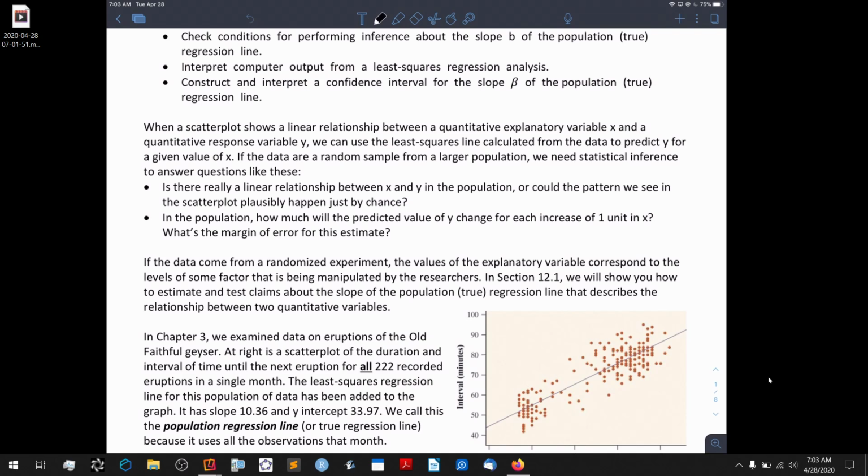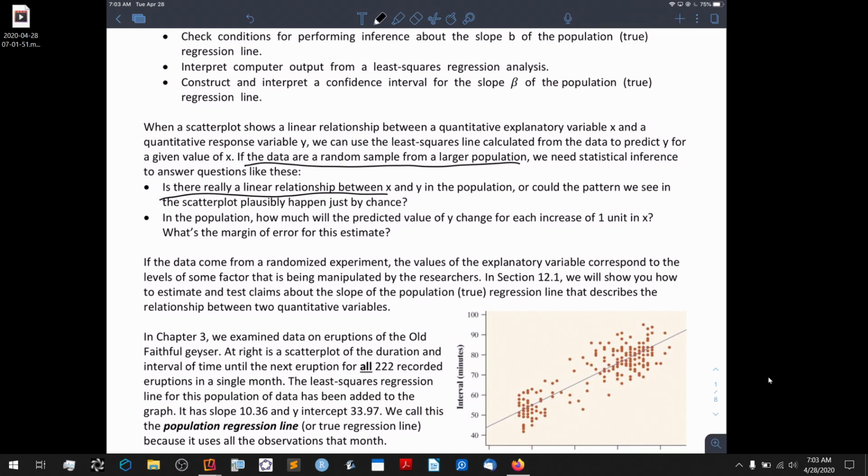If we took data and got a least squares regression line based on a sample, is there really a linear relationship between x and y in the population? So we looked at the sample, but the question is, is that also true for the population?